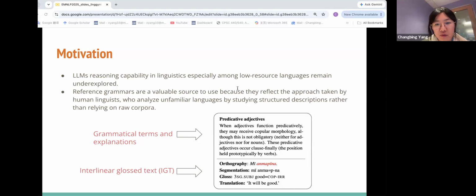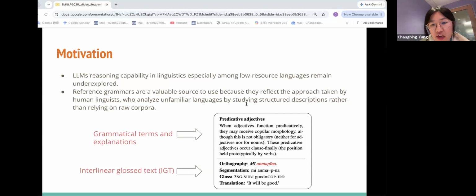Unlike the huge unstructured corpora that LMs are usually trained on, descriptive grammar provides a systematic and interpretable account of the language's morphology and syntax.